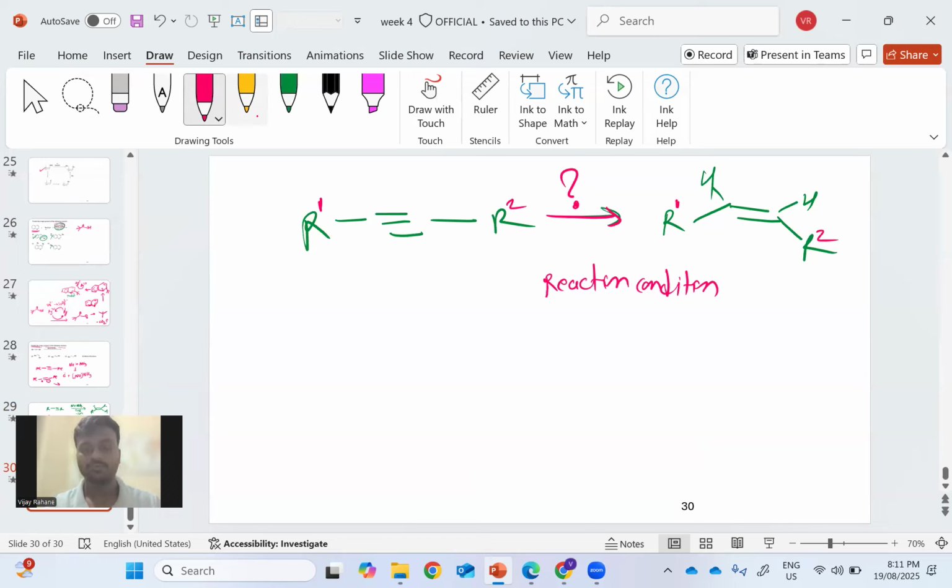So this is a question for you. What are the reagent conditions? You should find the answer for this one.